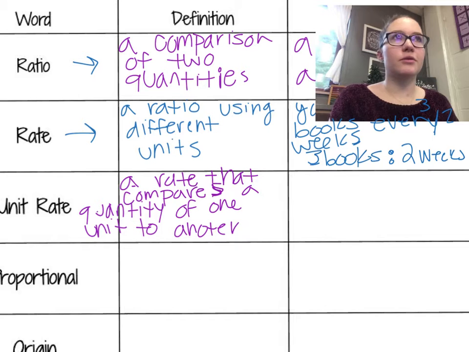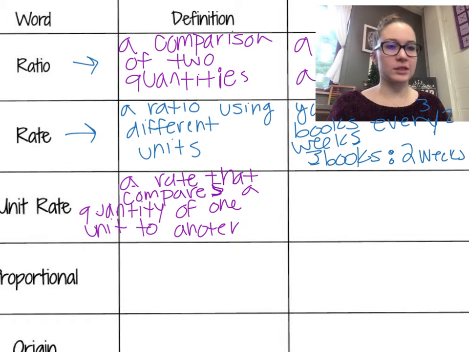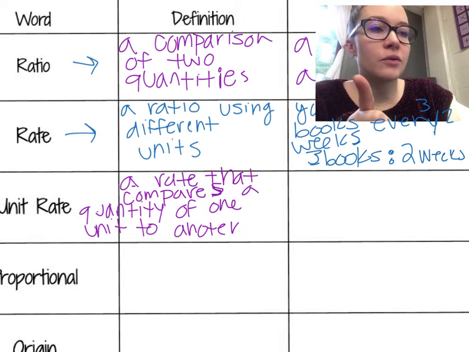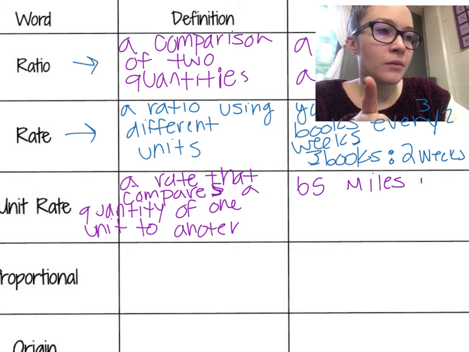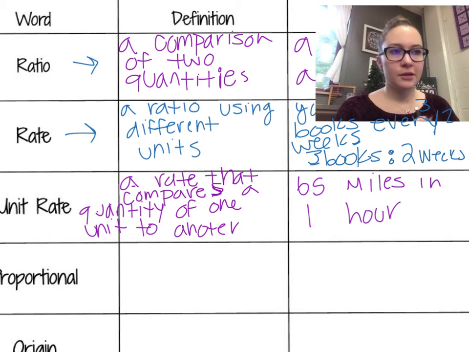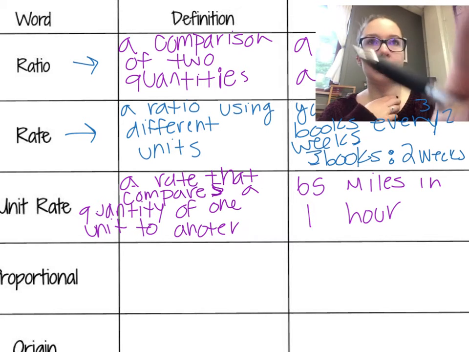So when you have a unit rate, you want one of those things to have just one, right? So like a unit rate would be like 65 miles in 1 hour, right? So that 1 hour makes it a unit rate.